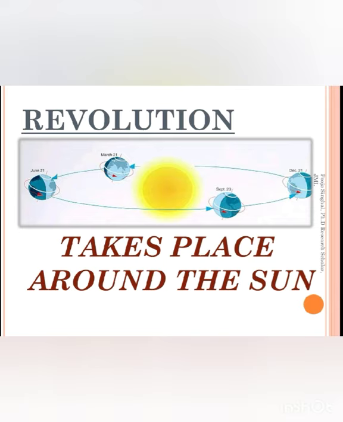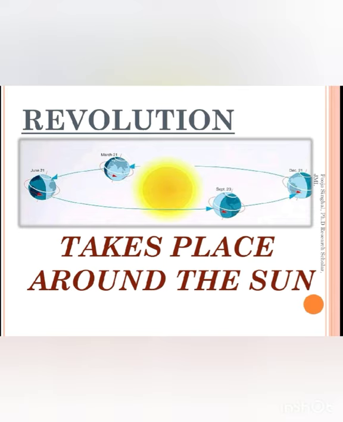As I've told you about rotation, to rotate once on its axis it takes 24 hours, and for revolution around the sun it takes 365 days and 6 hours.